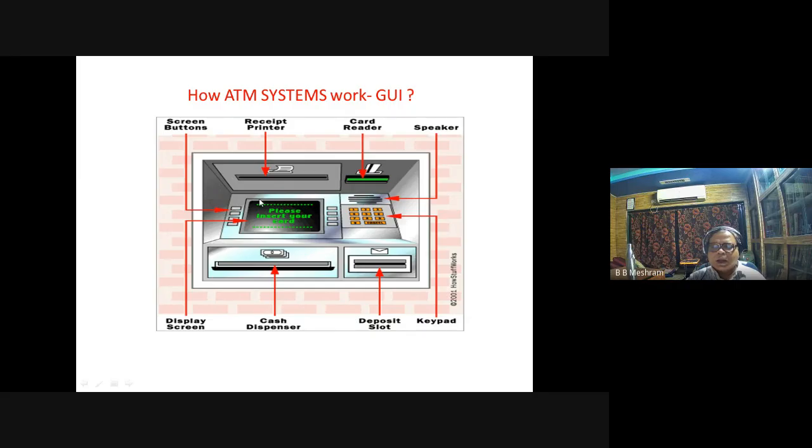This slot is for the receipt printer. Screen buttons are here and the display screen is here. And whenever the pin number is inserted from the keyboard and the ATM card is processed, the ATM machine can dispense the cash from this slot.